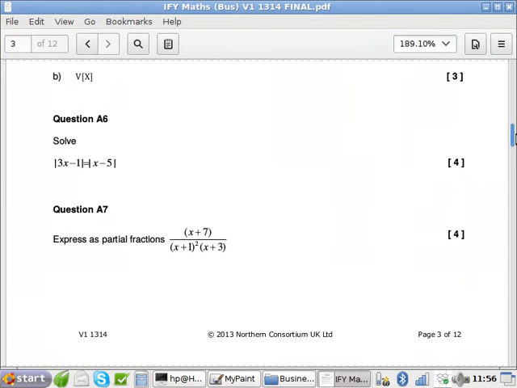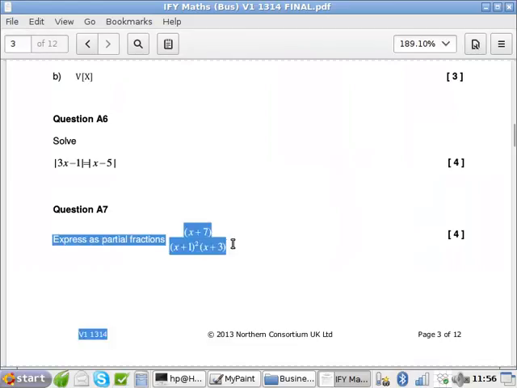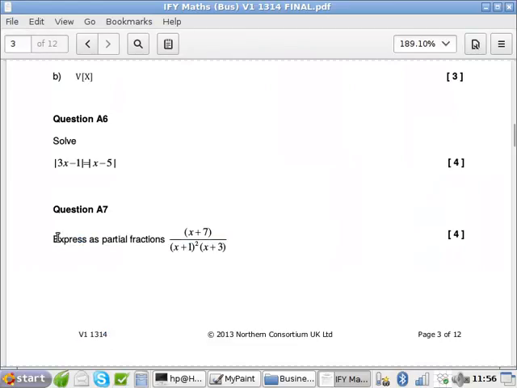I think this is 4 marks, so how long should it take you to do maximum? 3 minutes. No, you can take longer than that. 5 minutes. In the final exam, I should actually tell you the marks.